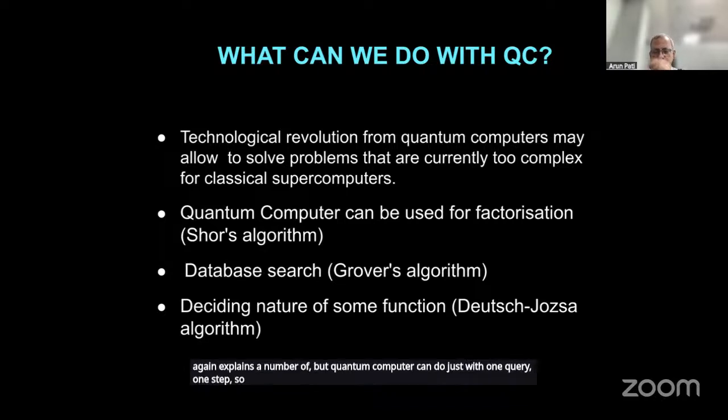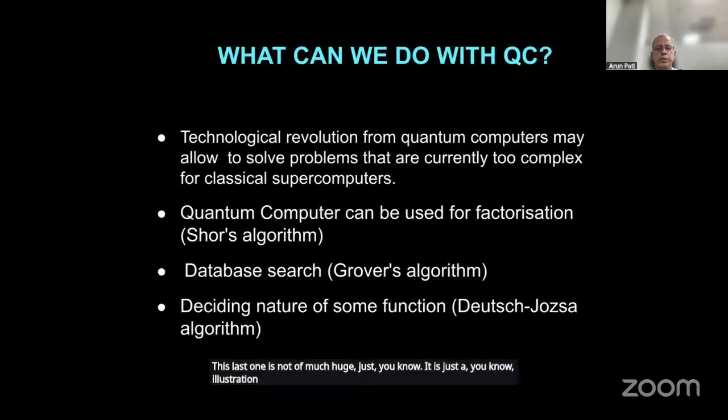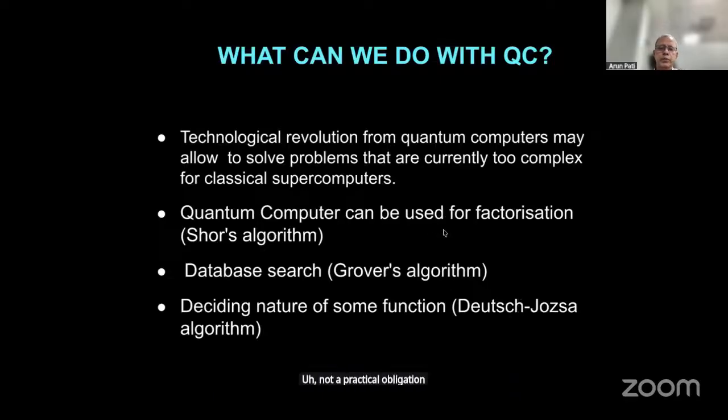So that's the beauty of this massive parallelism, which is revealed by this Deutsch algorithm. This last one is not of much use, it is just an illustration of how powerful a quantum computer is, but not a practical application. But these two have found a wide range of applications.